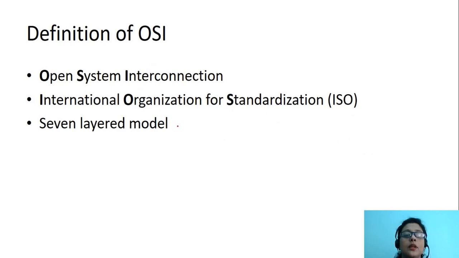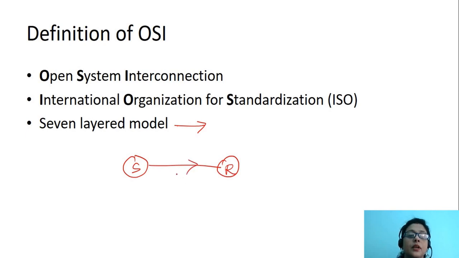This OSI model is a 7-layered model. In the sense, the total functionality of data transfer between a sender and a receiver through the communication channel is divided into 7 layers.